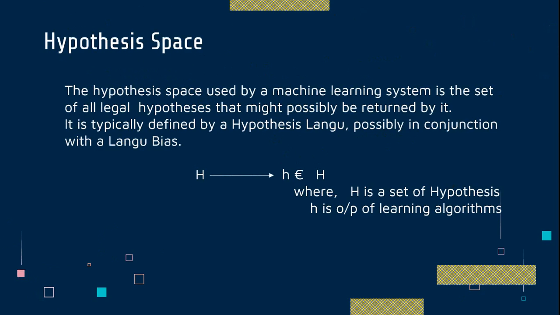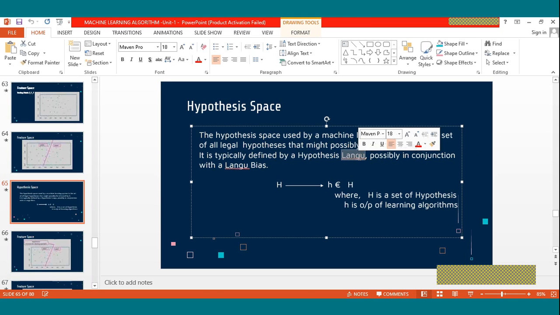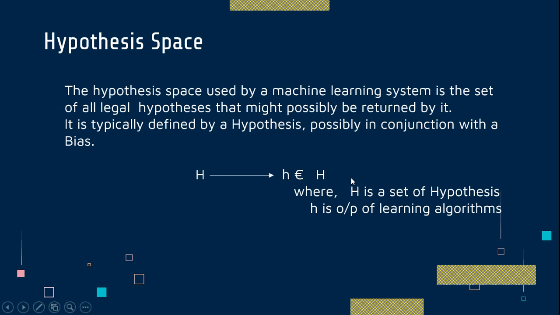The definition of hypothesis space says that the hypothesis space used by a machine learning system is the set of all legal hypotheses that might possibly be returned by it. It is typically defined by the hypothesis language, and possibly in conjunction with the bias.